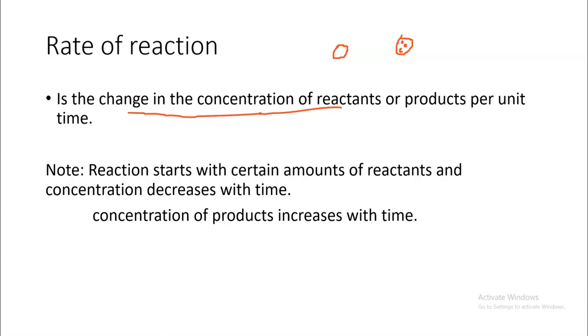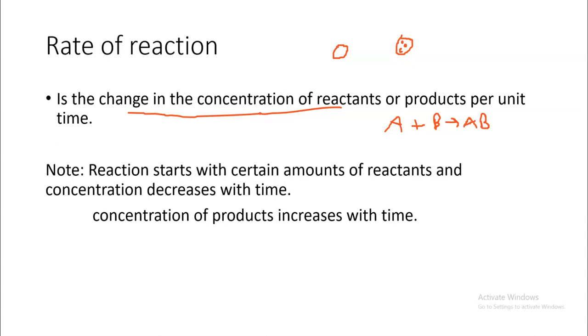So basically, remember, as your reaction proceeds, let's say I've got A reacting with B, forming AB. In this reaction, I have two reactants, which are A and B. These two reactants combine to form a new compound, which is AB.